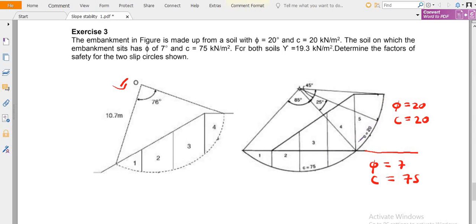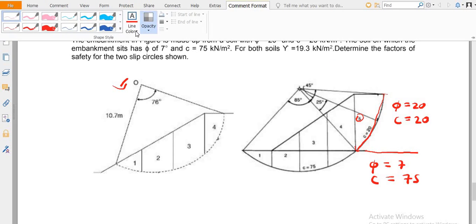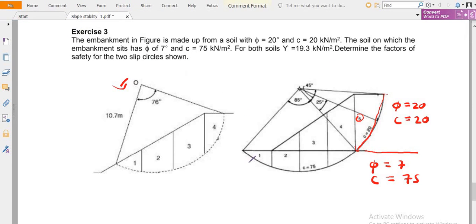If you look at this slip circle, you can see that this slice 5 sits on soil number 1, the embankment soil. But the other 4 slices, 1, 2, 3 and 4, have their shear surface located in the soil beneath the embankment.